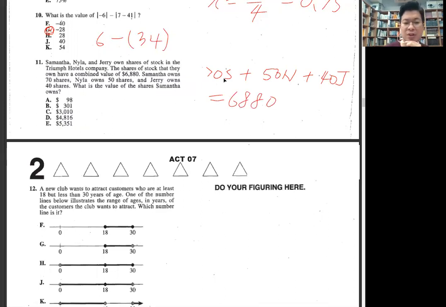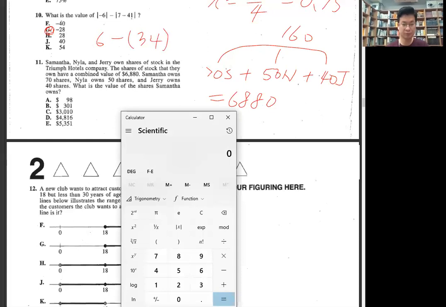But the stock price is all the same, so we don't need to worry about S and J. We just add all these numbers together. So 90, 160. So divide by. So $43 per share, and then Samantha has 730.